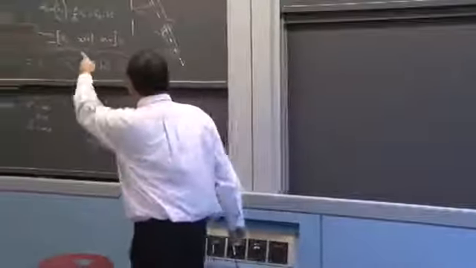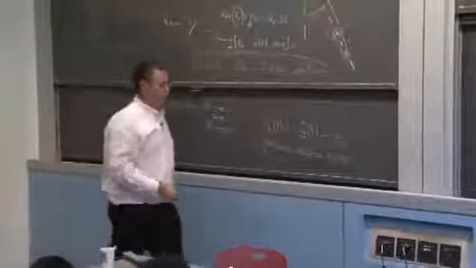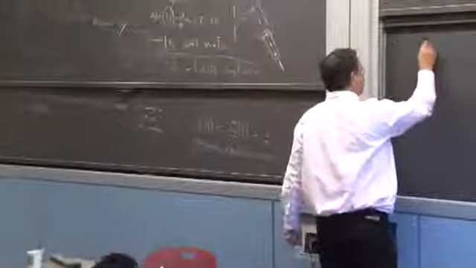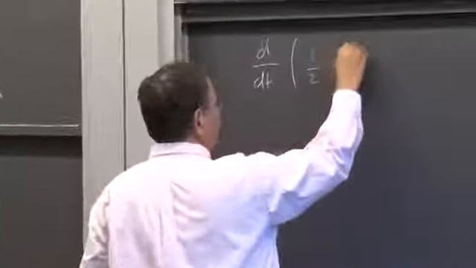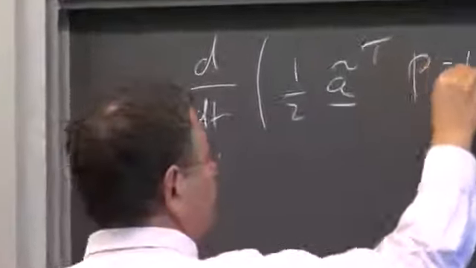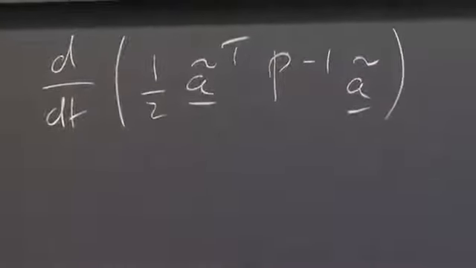So now we have the derivative of this. By now we've done computations like this before. We have the derivative of a quadratic form, so 3 terms.